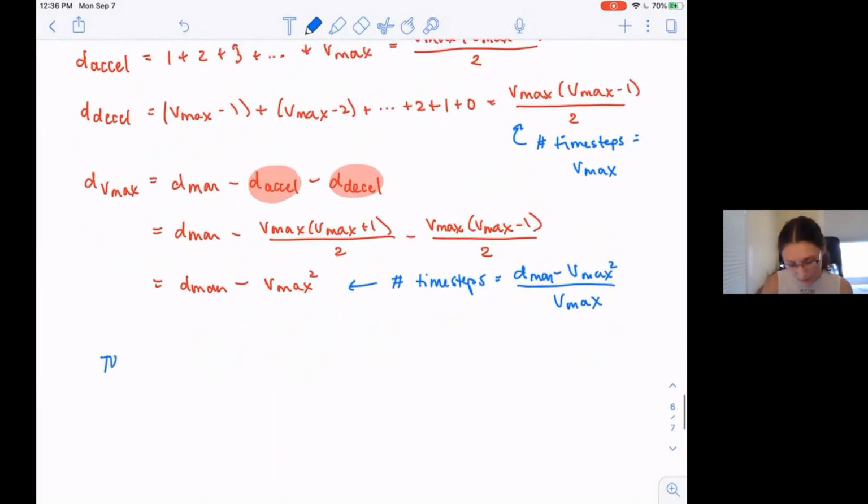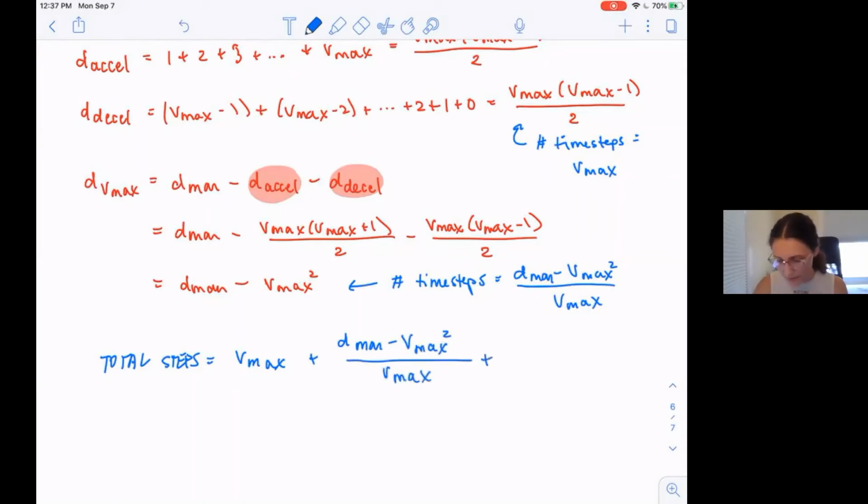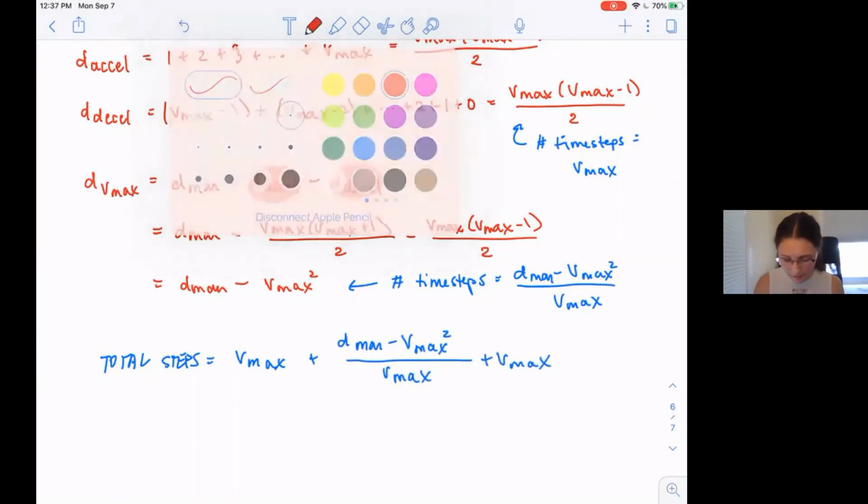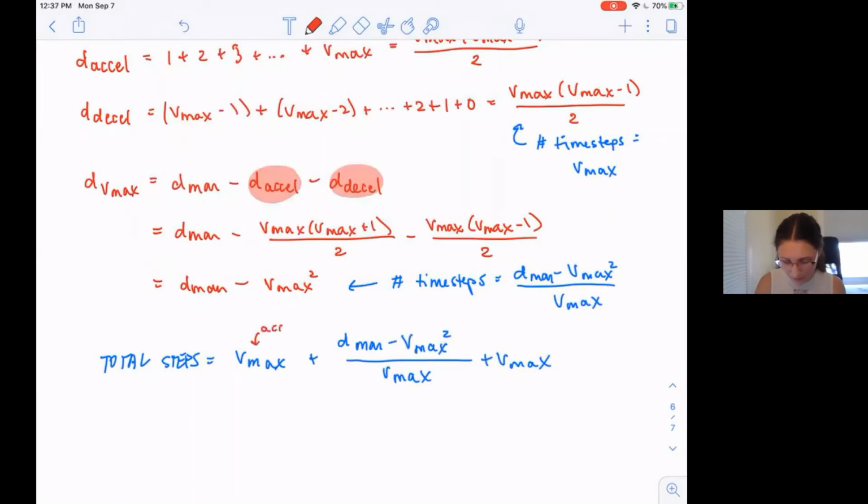So now our total steps is going to be v max plus d Manhattan minus v max squared over v max plus v max, where each of these, remember, this one comes from the acceleration portion, this one comes from the v max portion, and this one comes from the deceleration portion.